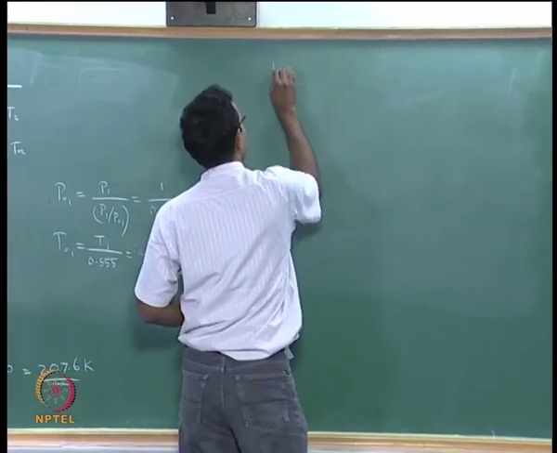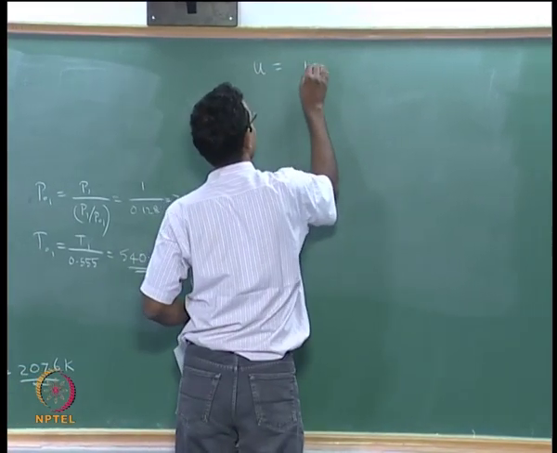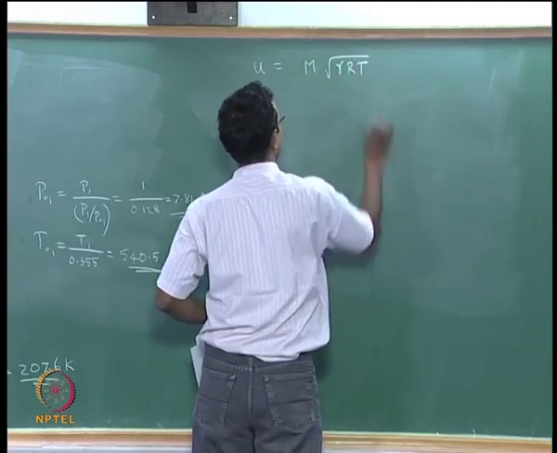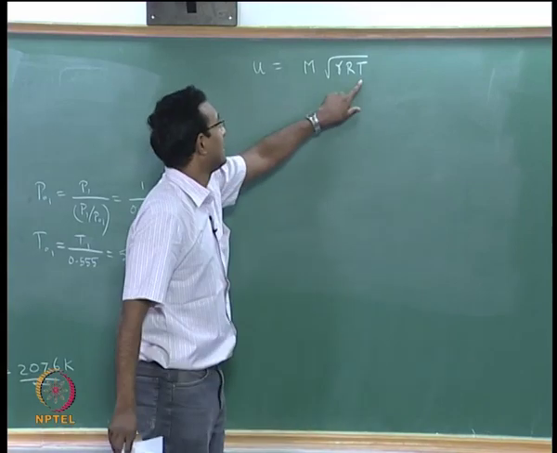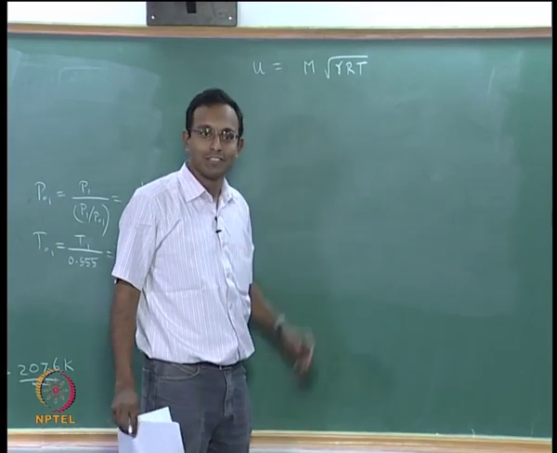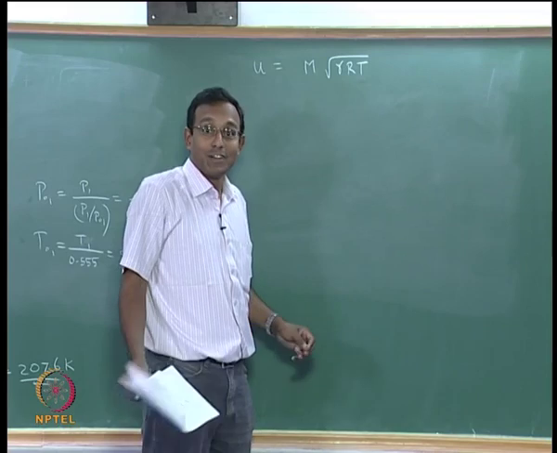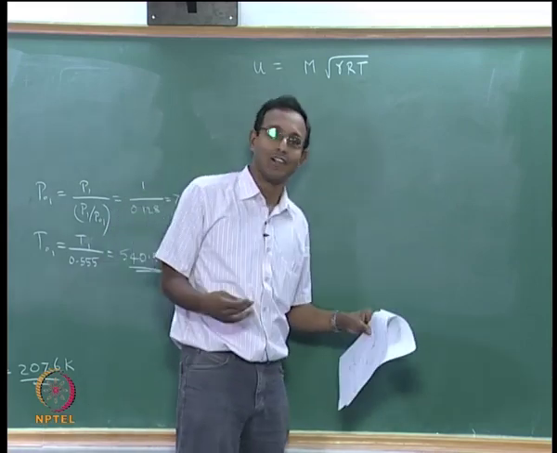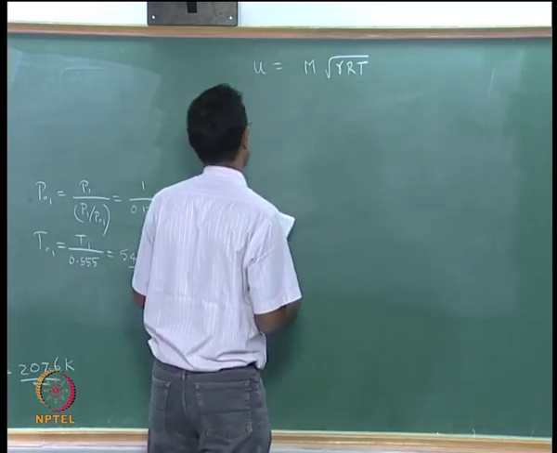I have u equal to M into square root of gamma R T. We know that T decreases, M increases. What happens to velocity? It can go the other way, but we will just check it. It has to accelerate. Then only can we call the flow accelerating when it is expanding.